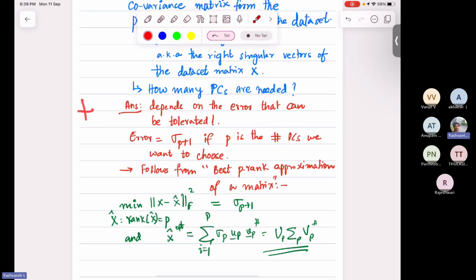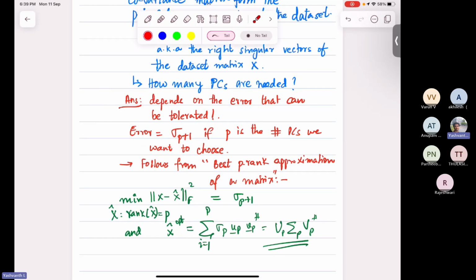For example, let's say X belongs to C to the n cross n. It's a square matrix of size n, and let's say X is full rank, that is, rank equal to n. But I'm interested in one particular question: what is the best K rank approximation of the matrix X, where K is less than or equal to n? What is the matrix with K rank that can best approximate the matrix X, given by X hat in this problem?